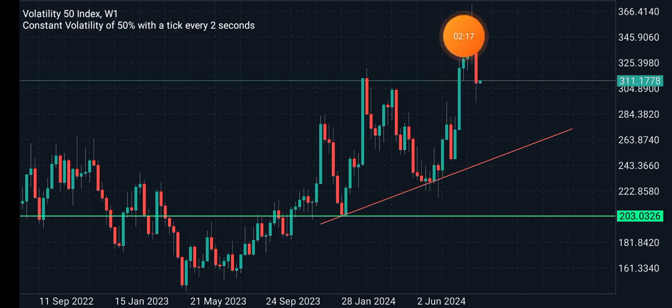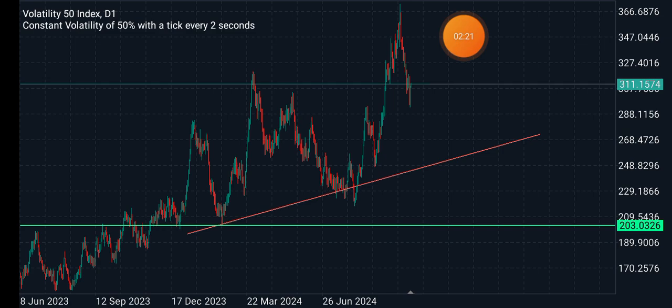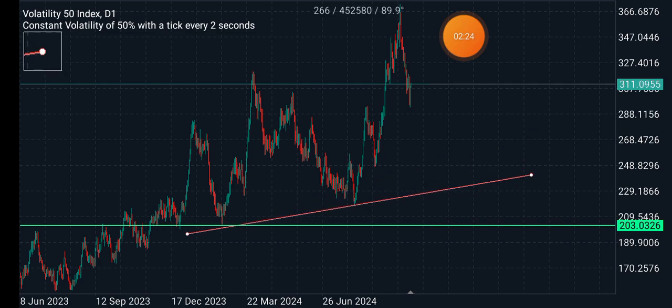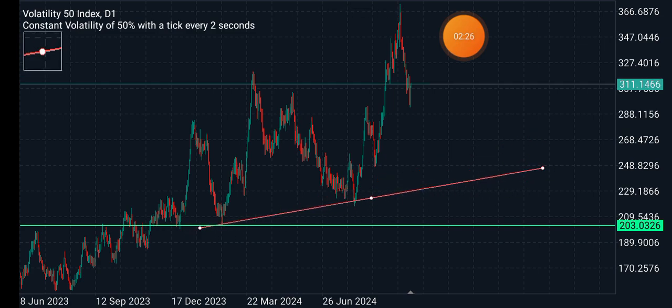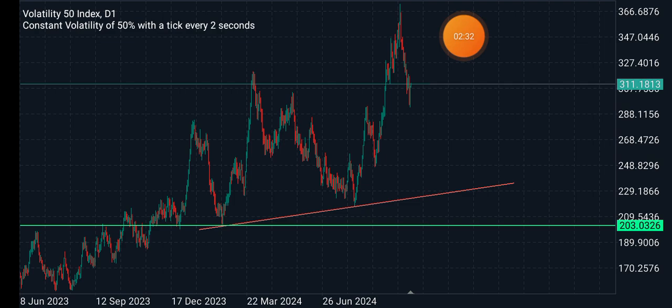Let me go to the daily so you can see that properly. I just want to try to keep the trend line a good one. We've done the first touch, went up, came back for the second touch, went up.